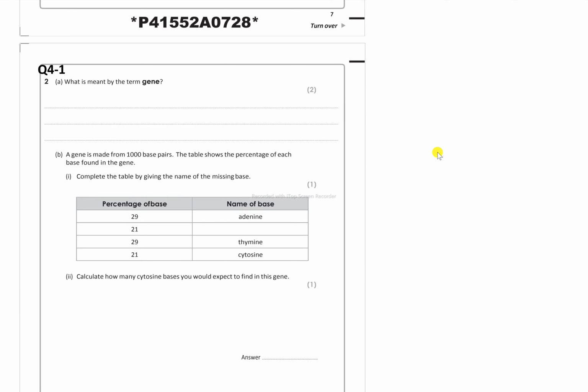Right, what is a gene? A gene is a section of DNA. And what is DNA? Deoxyribonucleic acid.